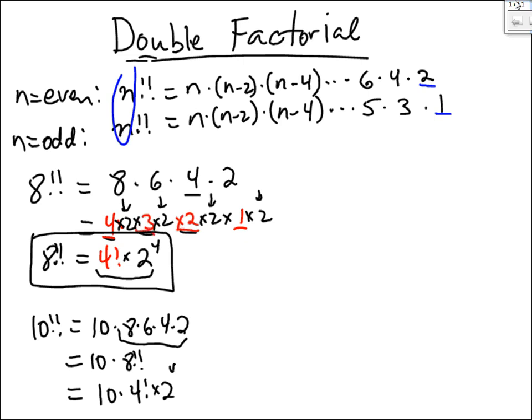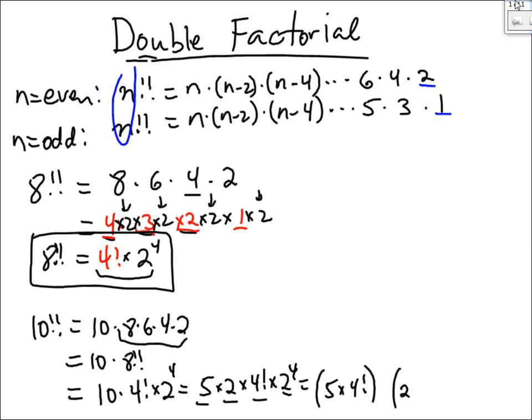Now, we're going to rewrite this a little bit differently. 10 is 5 times 2 times 4 factorial times 2 to the 4th. But the way I multiply these factors is up to me. I want to multiply the 5 with the 4 factorial. I want to multiply the 2 with the 2 to the 4th, and then multiply that together.